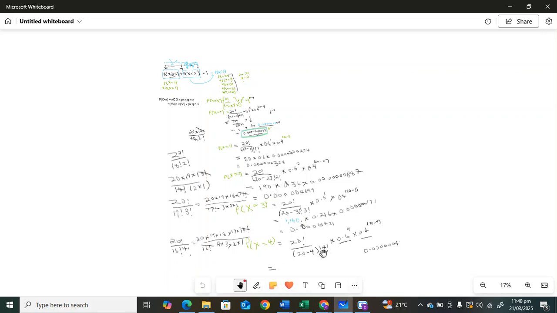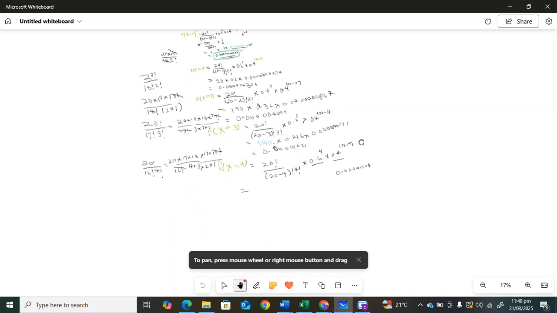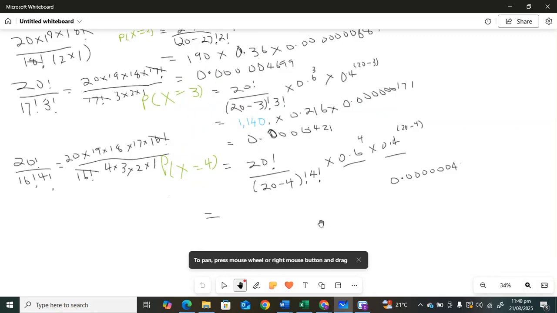Yes. What values did we get? 0.6 to the power 4. Then 20 factorial divided by 16 factorial, 4 factorial.